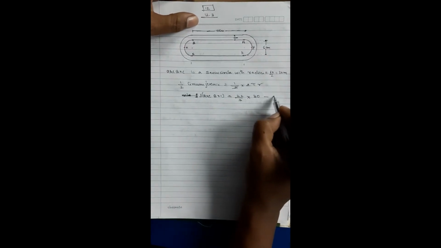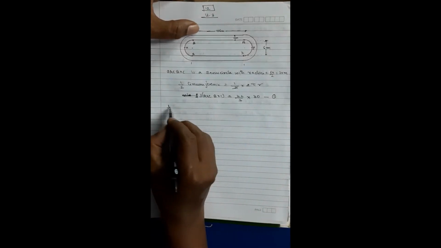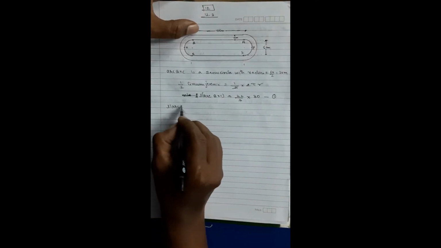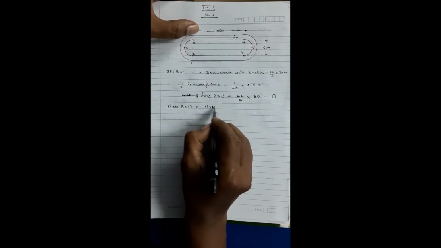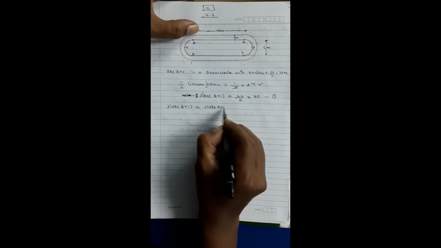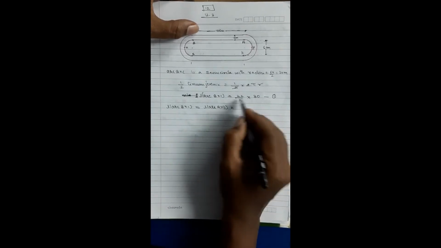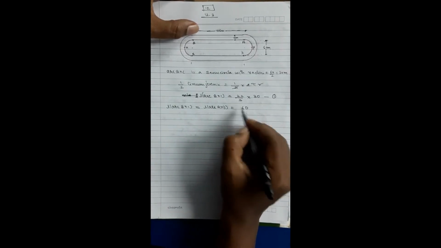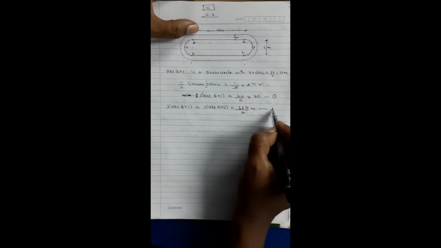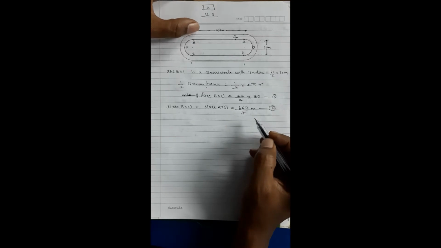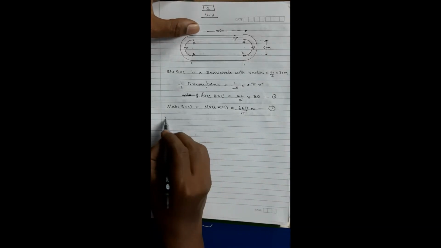Fine. This is 1. Length of arc BXC will be equal to length of arc AYD. That is 3 2 is 6, 3 2 is 6, 660 upon 7 meters. This is also equal to 660 upon 7. Now we will find the length of the inner edge.